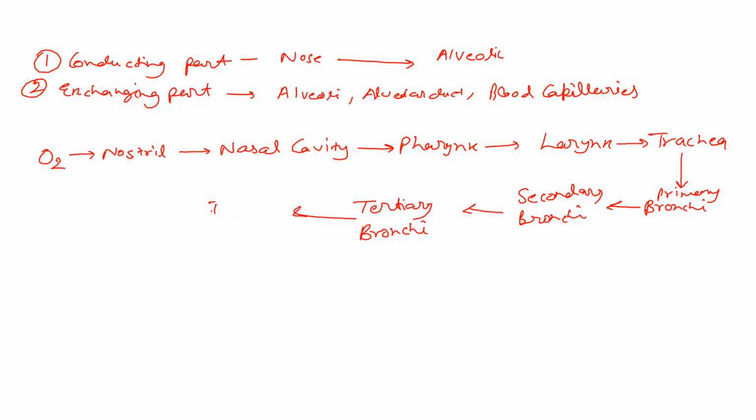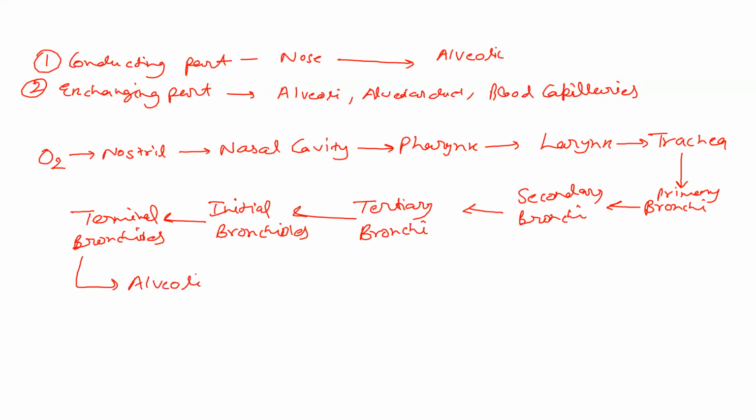After that, initial bronchioles, and then terminal bronchioles, and then alveoli. From the alveoli it diffuses into the blood capillaries, then it reaches the cells where respiration takes place.